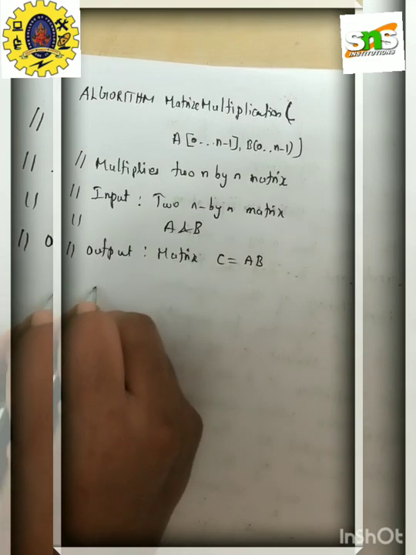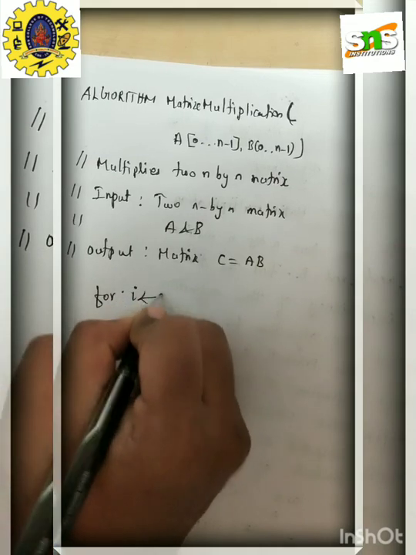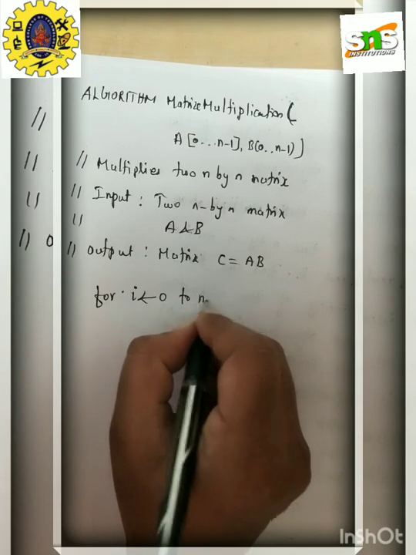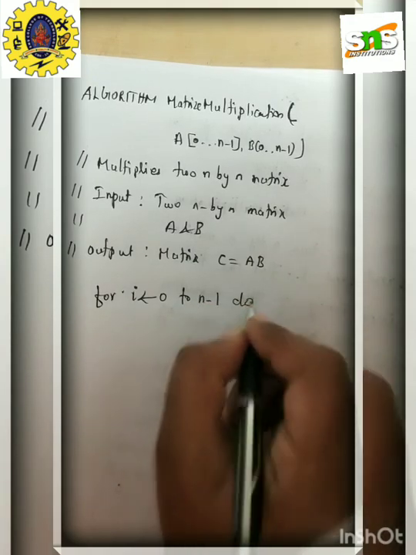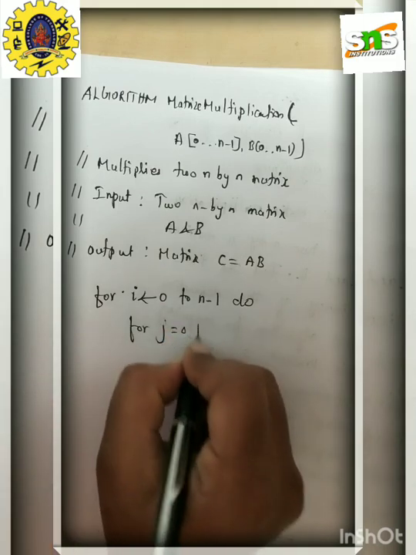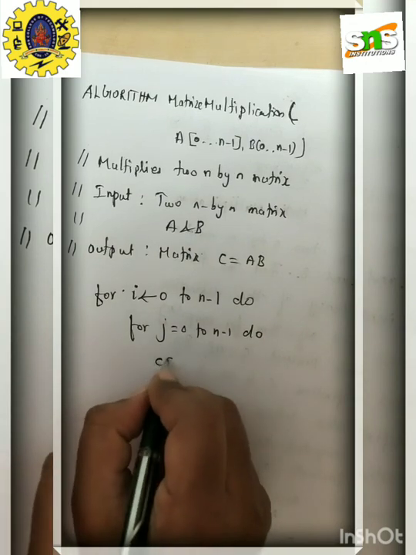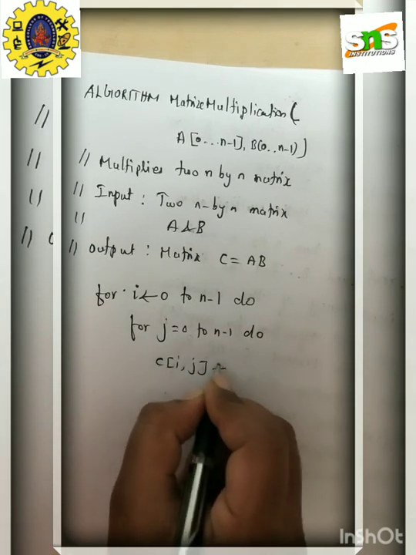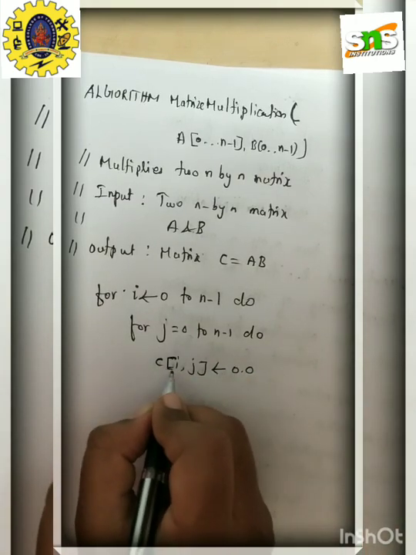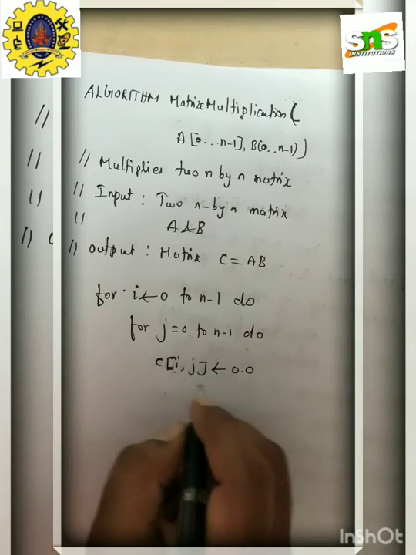So for I equal to 0 to n minus 1 do, and for j equal to 0 to n minus 1 do, C of I comma j equal to 0.0. This initializes the output array with all row and column values as 0.